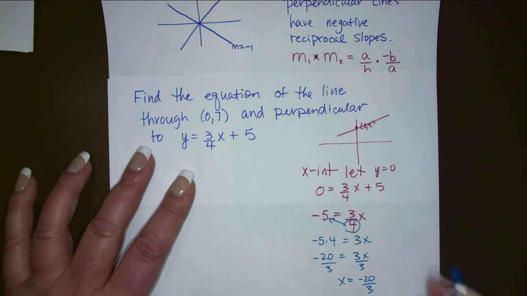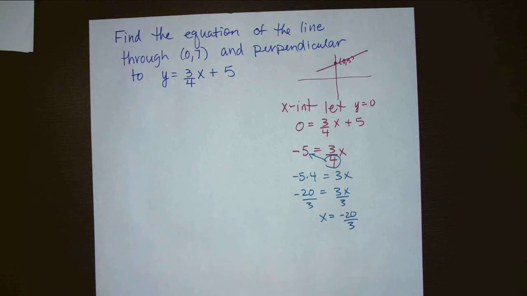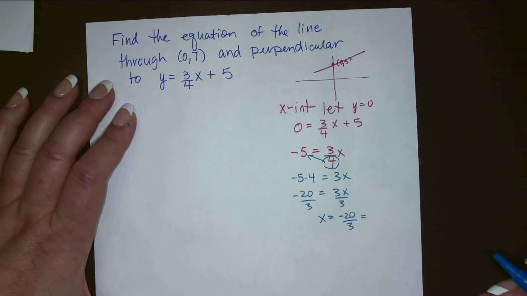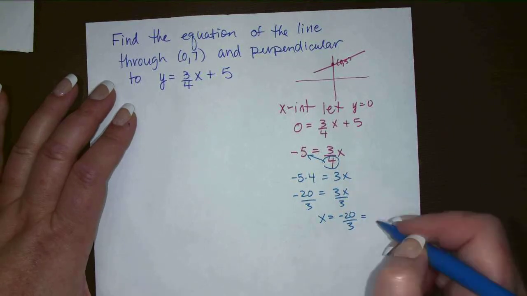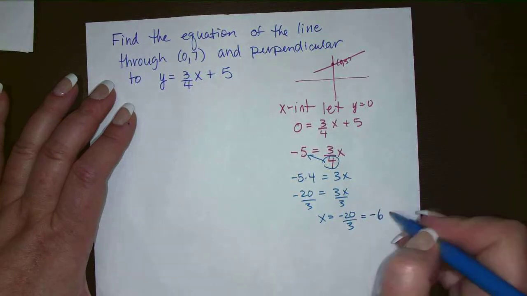Can this simplify? No. And we don't really want to write it as a mixed number, but if you're trying to graph it, then you can do a mixed number just to see where it is on the graph. How many 3's go into 20? 6 is 18, so 6, and how many would be left? 18, 2 left to get up to 20, so 6 and 2/3.